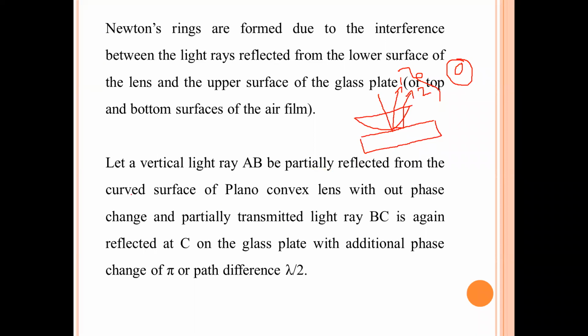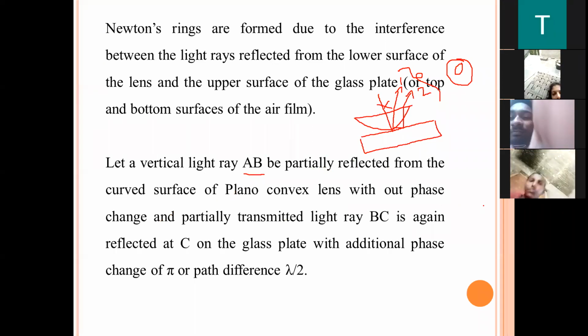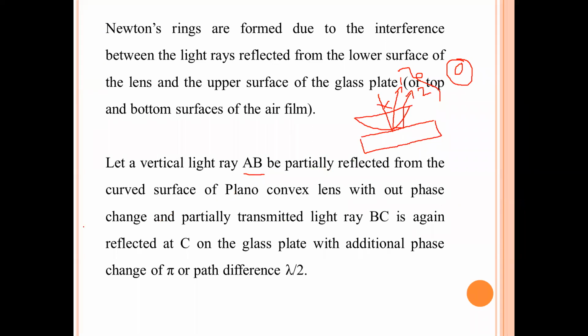Here the vertical light ray is AB, and it is partially reflected from the curved surface of the plano convex lens, and partially transmitted as ray BC to the glass plate. Here there is an additional phase change of pi, or path difference of lambda by 2.